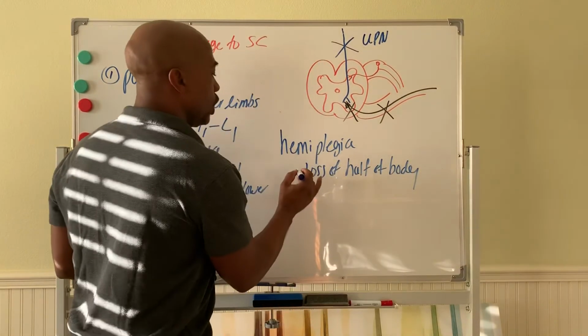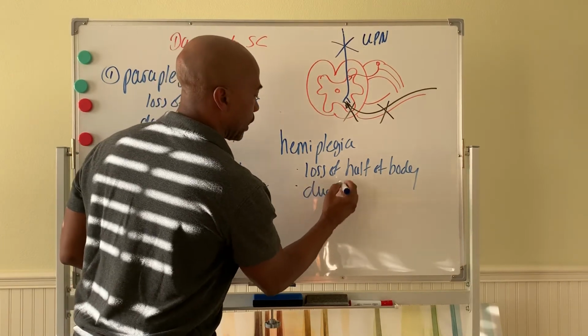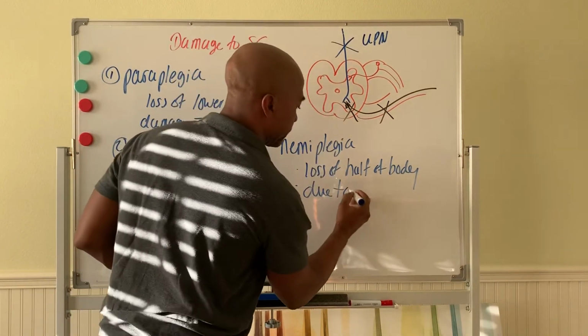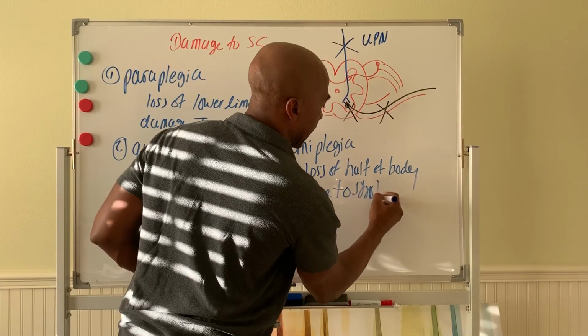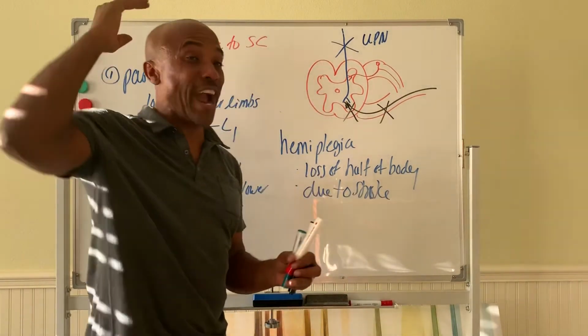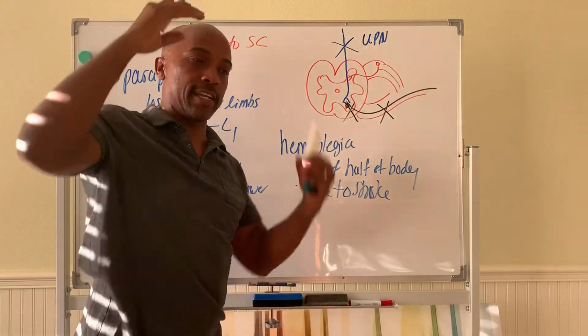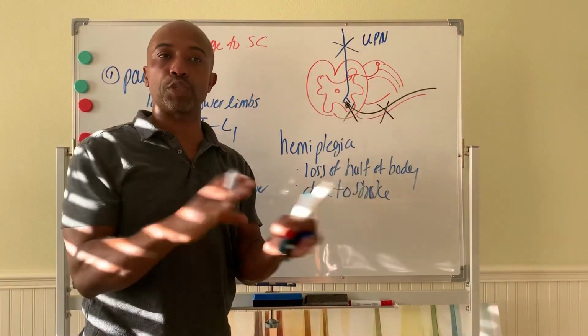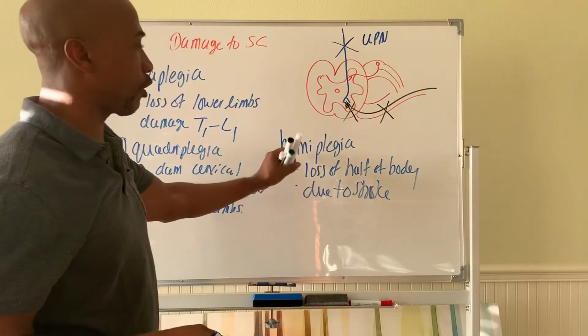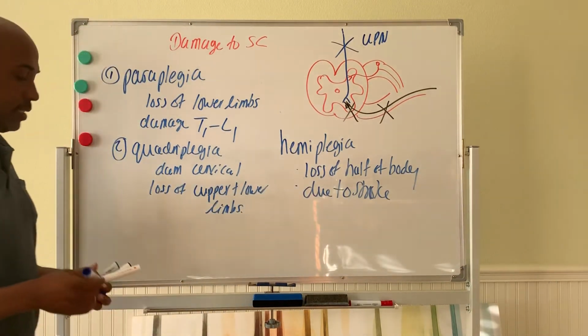Normally it's due to a stroke somewhere in the brain. For example, if you have a stroke on the right side of the brain, you will lose the left muscles. Okay, and vice versa as well, called contralateral control. So strokes can create hemiplegia.